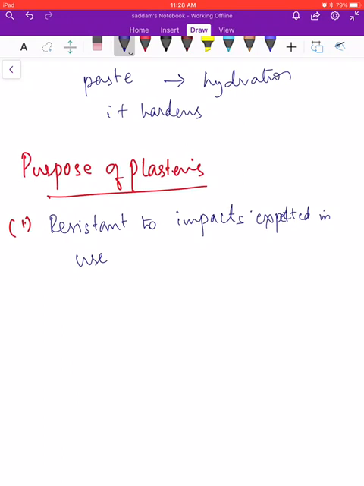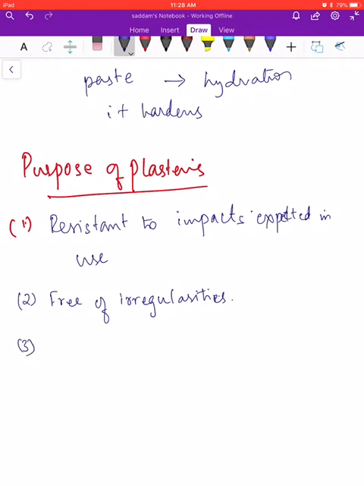Okay, so not only that, free of irregularities. For example, while constructing the building, if there is any irregularity in the structure or in the wall, then that can be overcome by our plastering method, to obtain the smooth finishes.